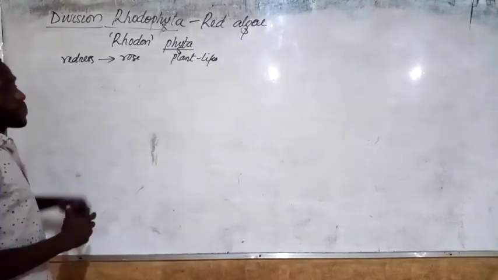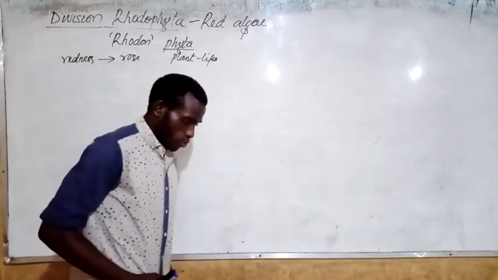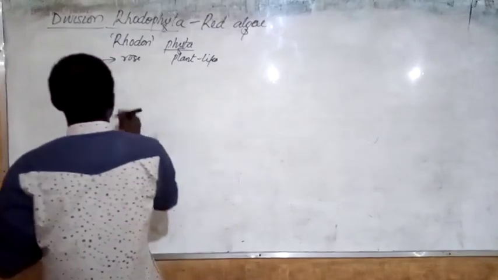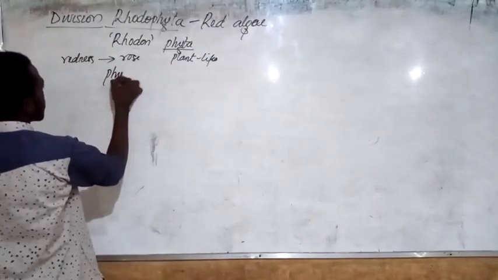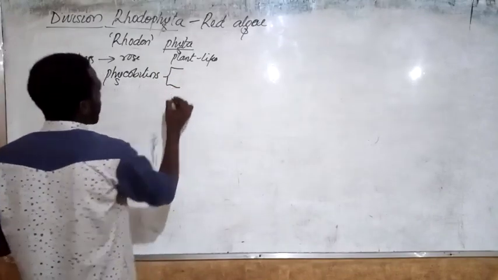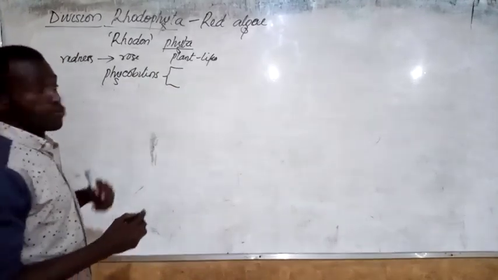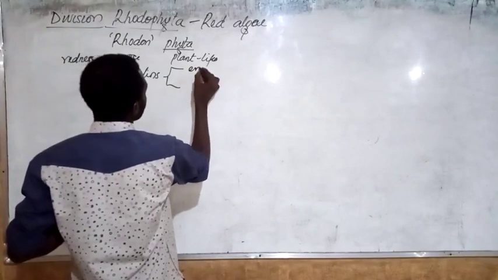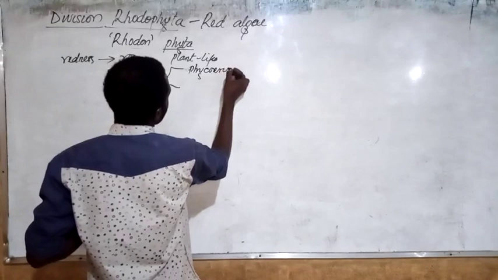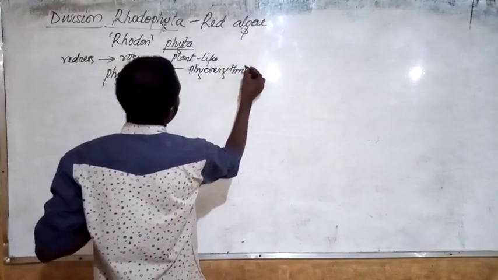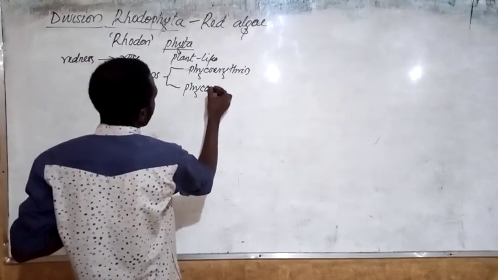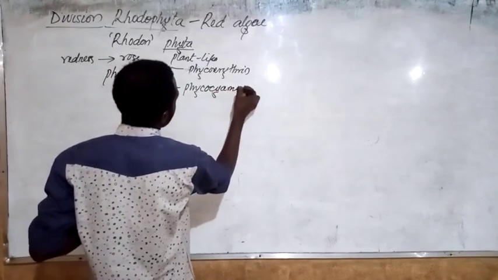Now, the pigments that give this group of organisms their red coloration are altogether called phycobilins. The phycobilins that are found in red algae are called the phycoerythrine and the phycocyanine, right?